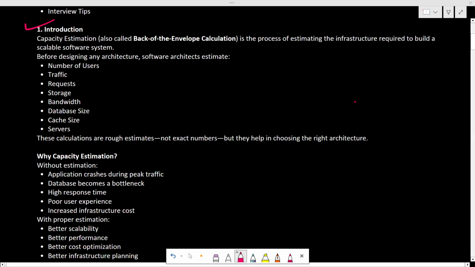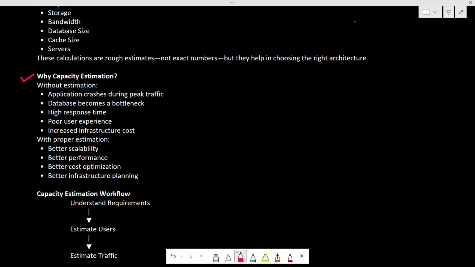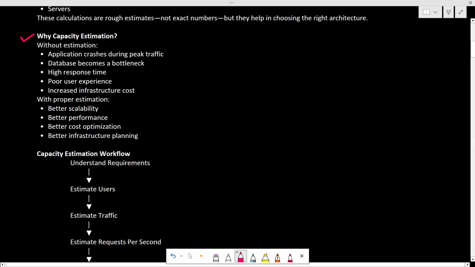Okay. So why does capacity estimation matter? Like imagine launching an e-commerce application without estimating the expected traffic. Initially everything works well because only a few hundred users access the system. Now suppose a festival sale begins and suddenly thousands or lakhs of users try to log in, search the products and place orders at the same time.